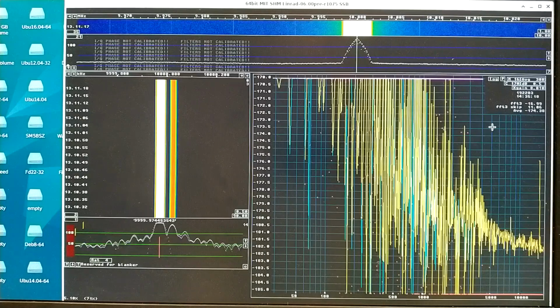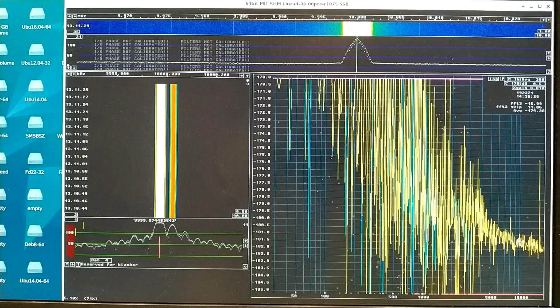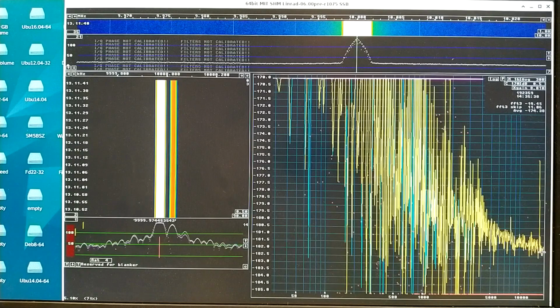I have been running fast transforms in another desktop at the same time on the same data. And here I see that the 10 kilohertz is here, 181.5 and 182 at 20 kilohertz.